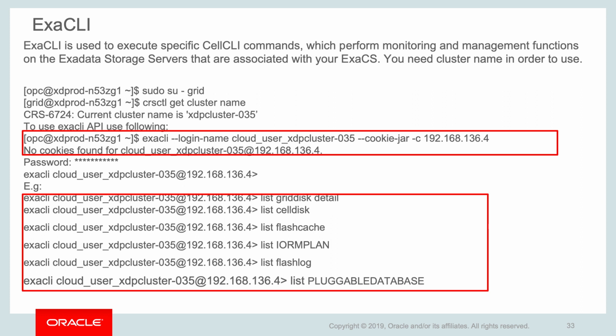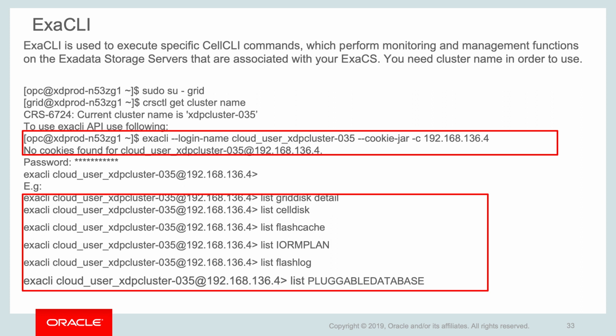So the first step is to find out the cluster name of your ExaCS installation. For that, you will have to log in as the grid user. Log in first as the opc user, sudo to grid, and use the crsctl get cluster name command, and it will fetch the cluster name of your ExaCS instance. Once you have the cluster name, you can use ExaCLI.